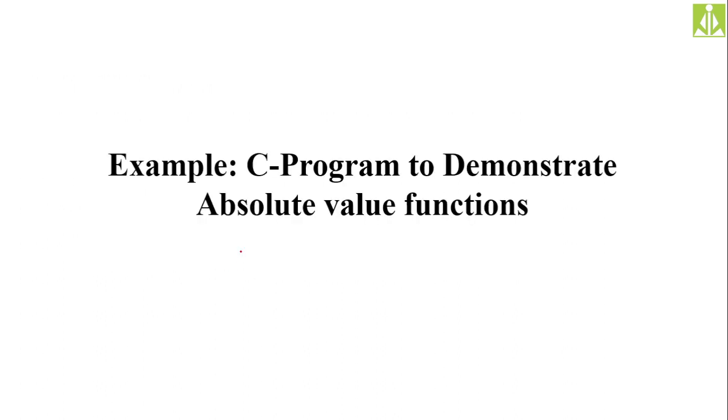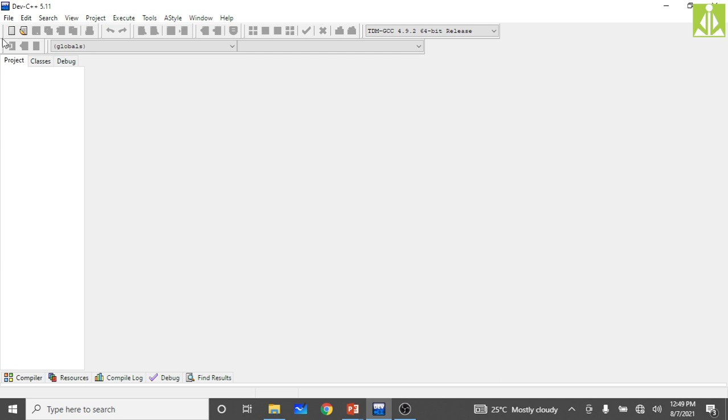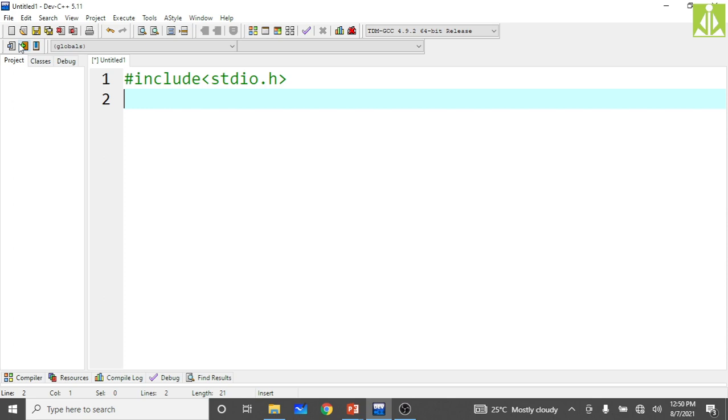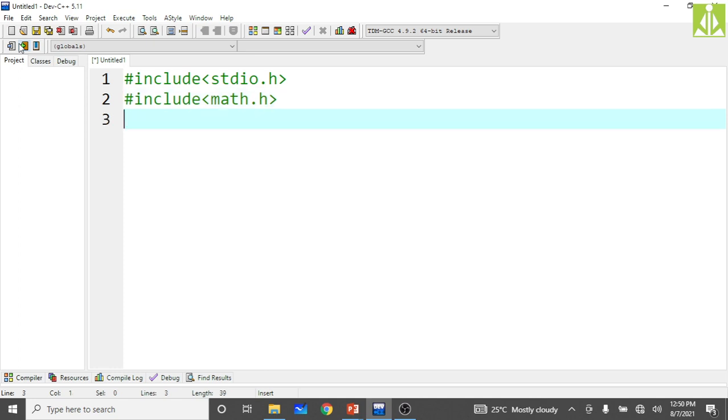Quickly we need to demonstrate all these functions in our IDE. So I'm going to my IDE and I'm opening a file. I will put the includes, and we need to add math.h also, because we are using the mathematical library functions.